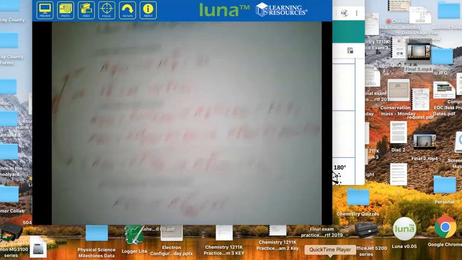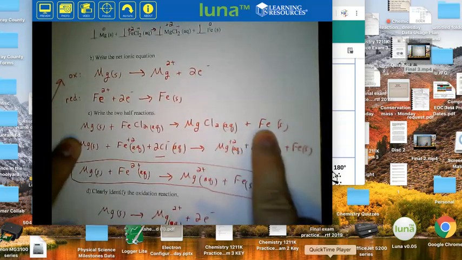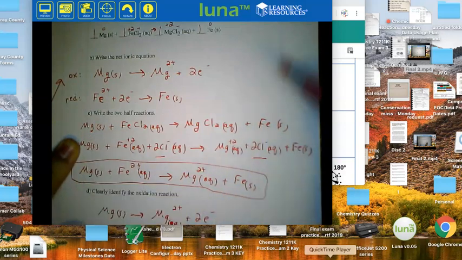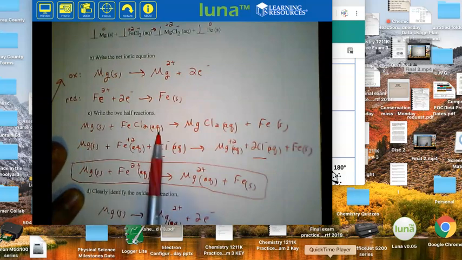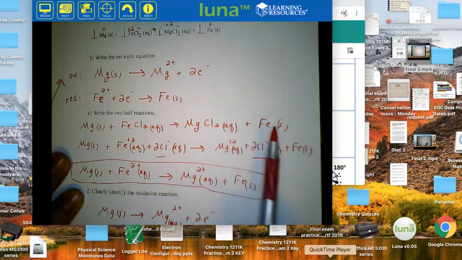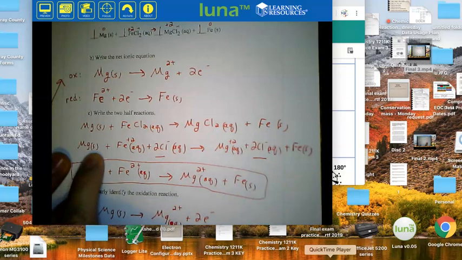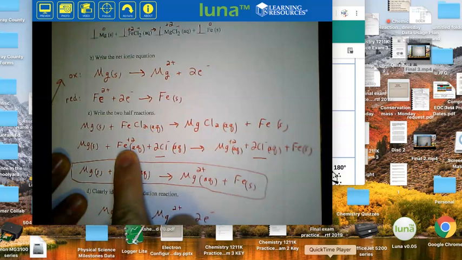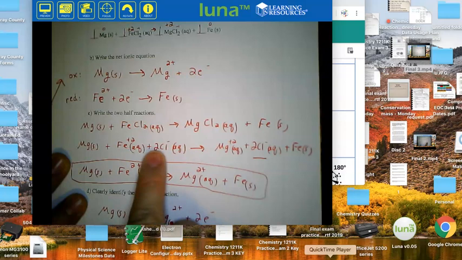What I did was I wrote the reaction first, what's written up here. To write a net ionic equation, you look at the subscripts here. If it's aqueous, you break it apart into ions. If it's a solid or liquid, you keep it together. Magnesium here is a solid, so I kept it together. FeCl2 is aqueous, so I break it apart into ions, 1 iron plus 2 ion, 2 chlorine minus 1 ions.